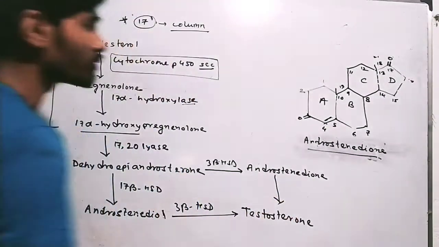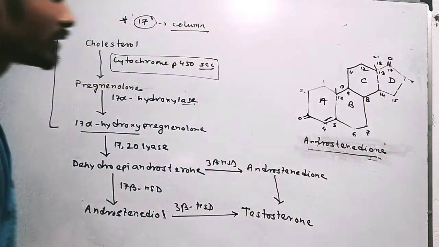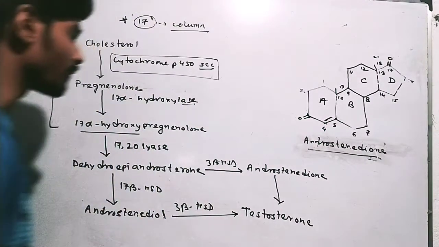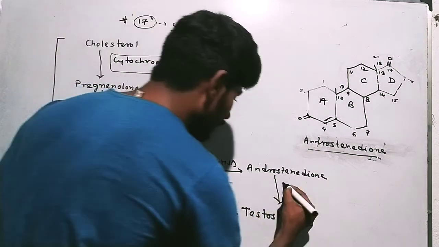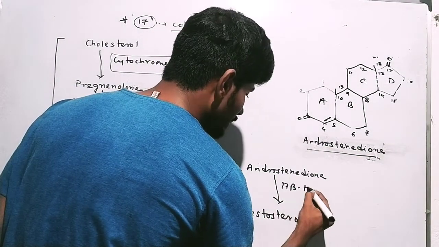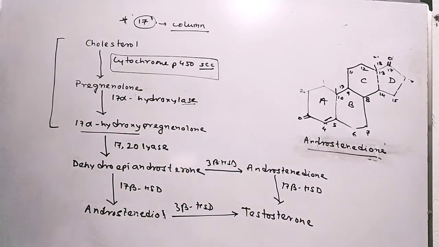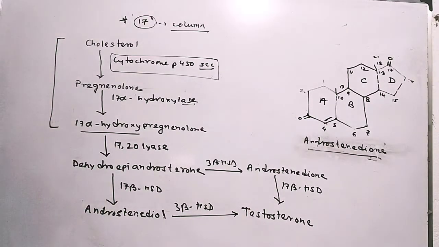This androstenedione can be converted to testosterone by just introducing a hydroxyl group to the 17th position, and it can be done by a very simple enzyme, that is 17 beta HSD, and you know this very well, and it is a very simple thing to remember, because we have been dealing with this for the last few minutes.